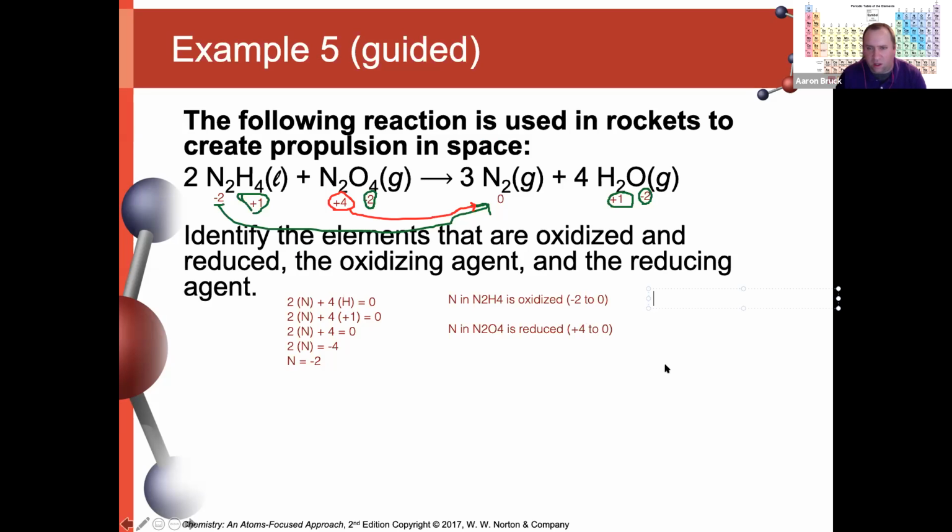So the N2O4 is the oxidizing agent. It is forcing the oxidation of the nitrogen in the hydrazine. And the hydrazine is the reducing agent. It is forcing the reduction of the nitrogen in the dinitrogen tetroxide.